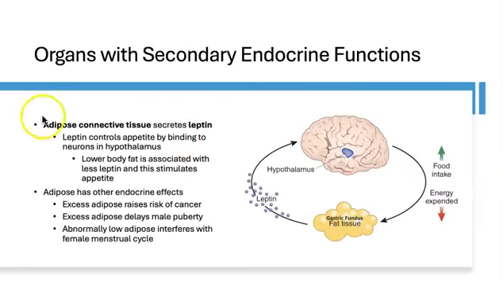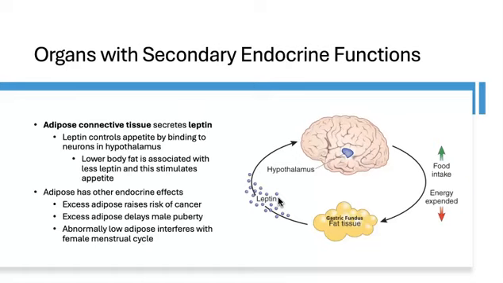Lastly, we need to talk about our adipose connective tissue. It serves in endocrine functions because it'll secrete a hormone known as leptin. Now, leptin, when secreted, is going to help control appetite by binding to neurons in the hypothalamus. And we see that lower body fat is associated with less secretion of leptin, and this stimulates appetite.